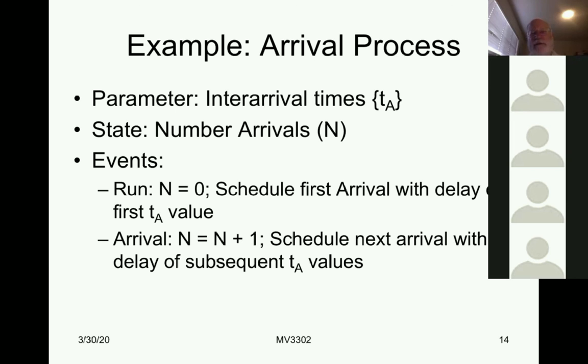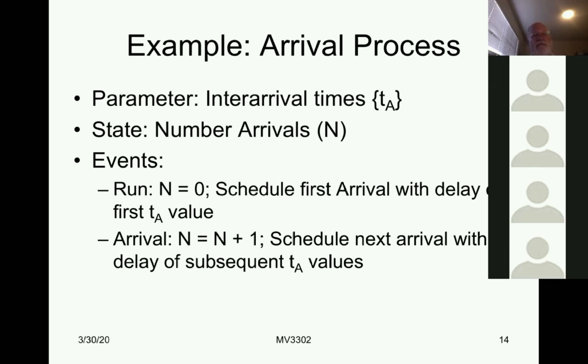The parameter is this sequence of times that are going to be between the arrivals. You can think of arrivals of customers to, say, a bank, or customers to some facility, or just the arrival of any kind of thing to some system. Exactly what it is is left undefined.